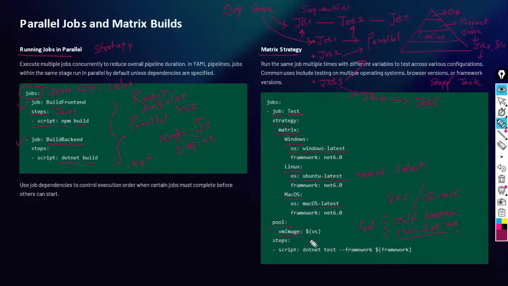And after it has been determined which is the OS, we will go to do the steps directly. That means I have no jobs. So my job is one job. It is only one job. Under this, I'm making a strategy, and therefore I'm using the task or the steps to do some test.